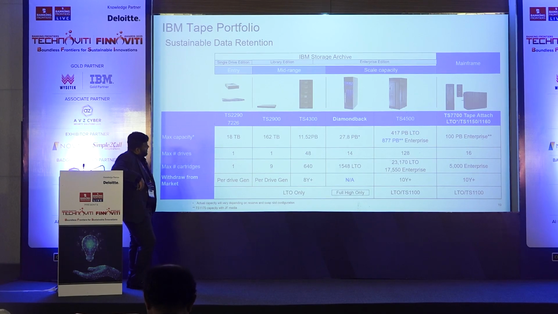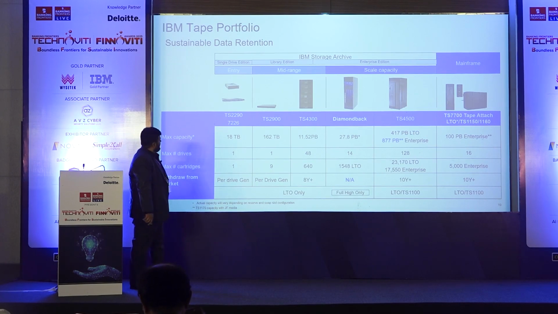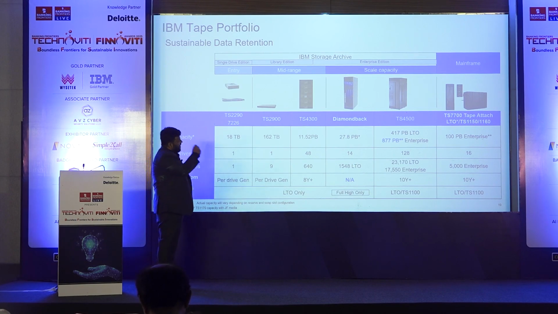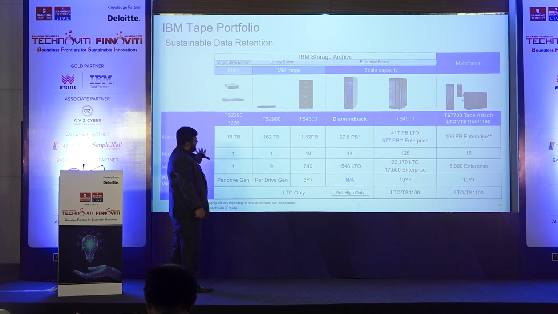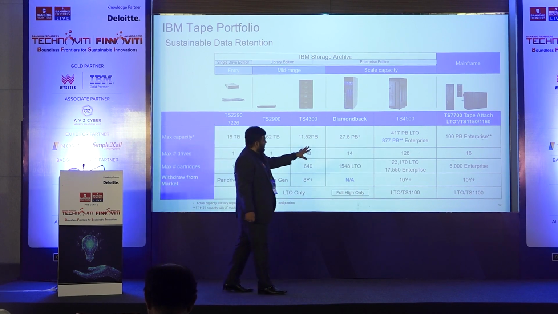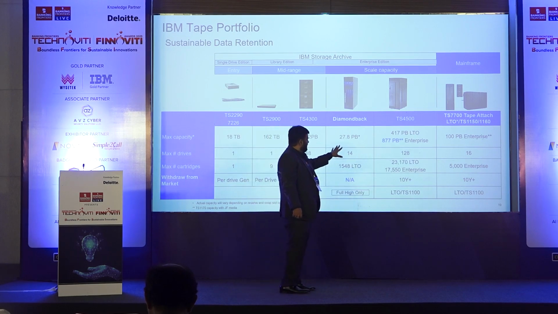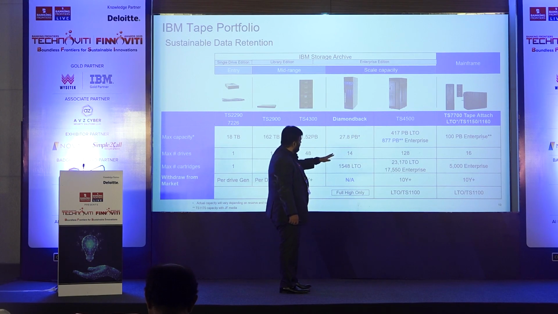From my final slide, now from recovery perspective as well as air gap perspective, we have tape offerings in our portfolio. So basically, we go from something that could back up, say, around a few terabytes to an enterprise offering that could go up to 877 petabyte, and that is 18 rack solution in total.